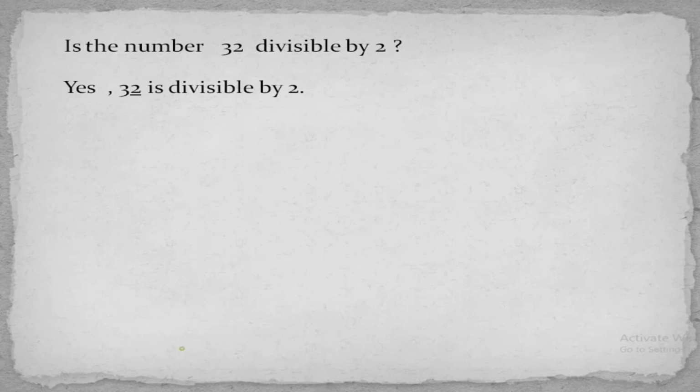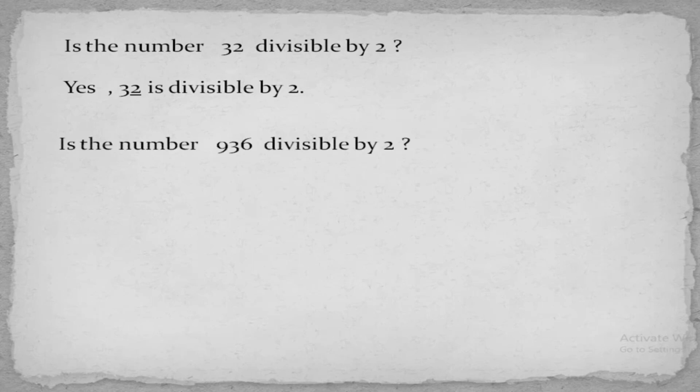Another example: is the number 936 divisible by 2? You have to look at its ones digit, which is 6. 6 is an even number, so this number is even and it is divisible by 2. The number 936 is divisible by 2 since it ends with 6.